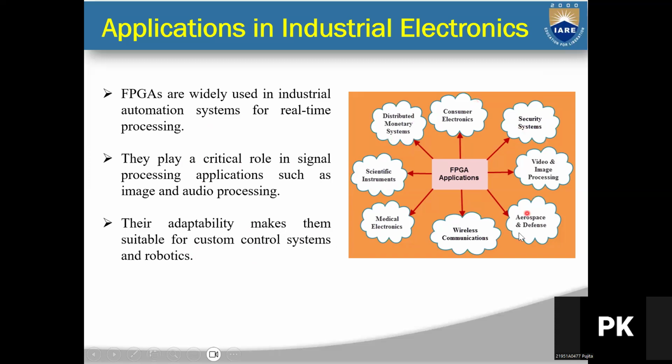As we see in the picture over here, FPGA applications are wireless communication, aerospace and defense, video and image processing, security systems, consumer electronics, distributed monitoring systems, scientific instruments, and medical electronics. So these are all the applications that we have seen in the previous slide already. I just kept it here so that it will be easier to understand what the applications of FPGA are.